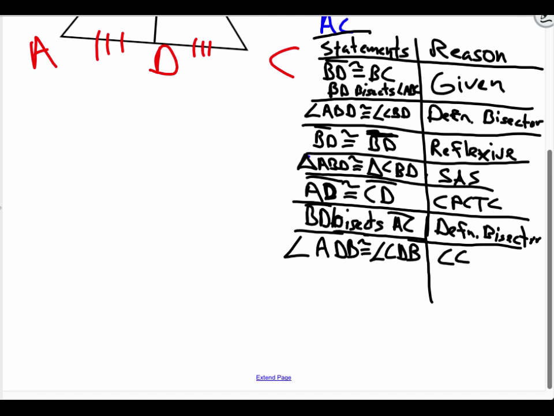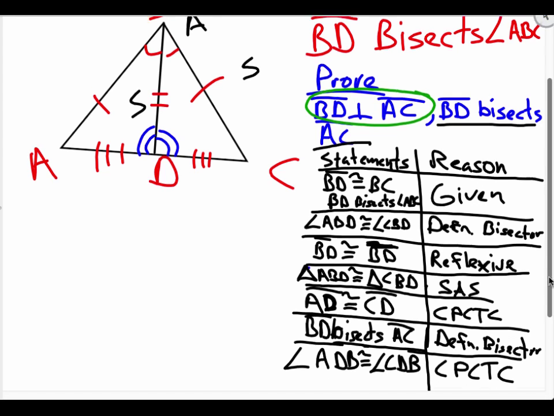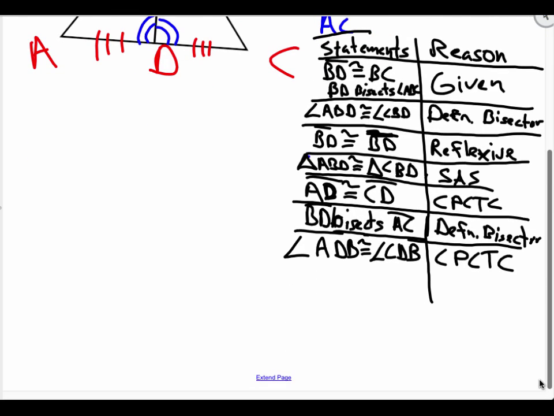Again, corresponding parts of congruent triangles are congruent, CPCTC. So what did I just prove? I just proved that this angle is congruent to this angle. All right, cool. So now I know that they're equal to one another.